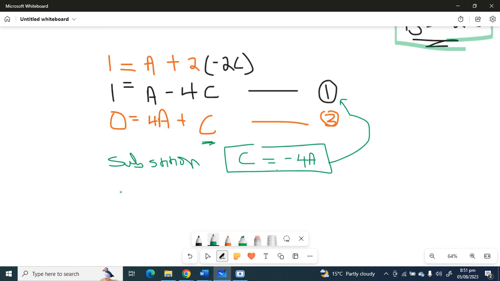So equation 1 becomes 1 equals a minus 4c. Now the c, we're going to substitute it with negative 4a.